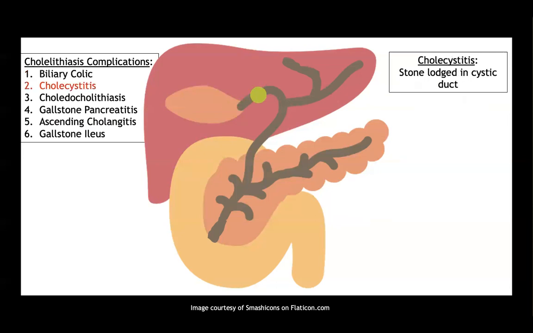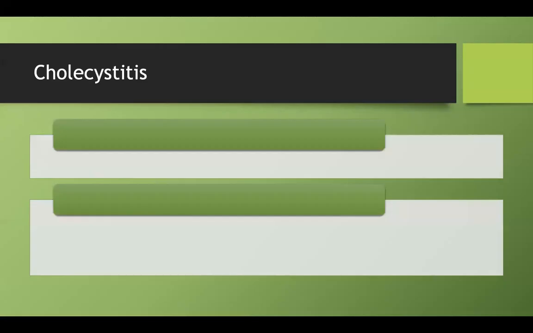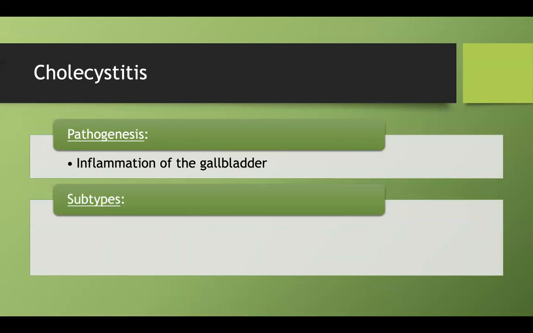So now let's talk about cholecystitis, and we'll go over some of the differences between the two. So in cholecystitis, you have inflammation of the gallbladder, as the name suggests, and there's a few different subtypes of cholecystitis.